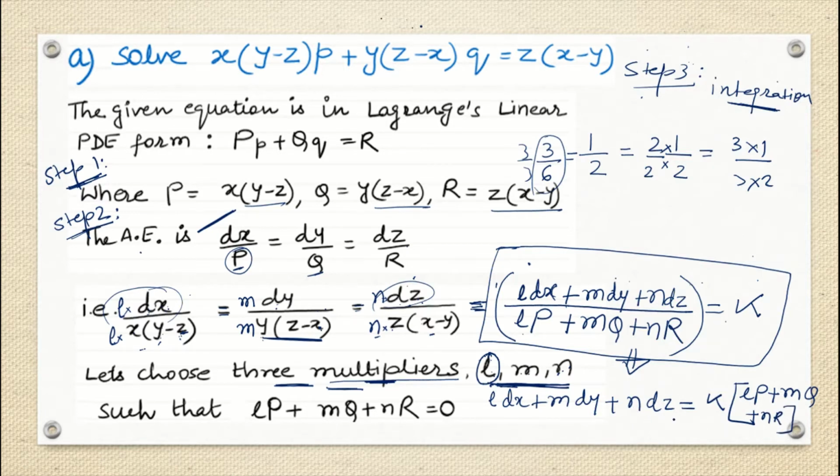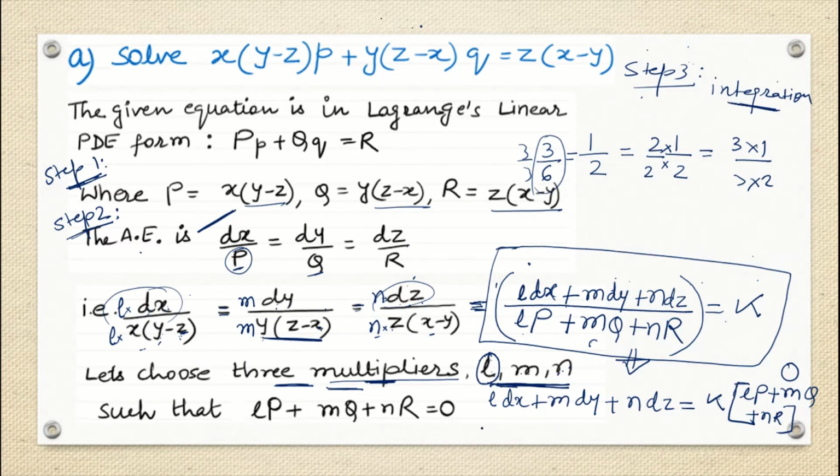Now suppose this combination lP plus mQ plus nR, I write down in such a manner that this complete additional part will give 0. So if lP plus mQ plus nR is 0, then k into 0 will give 0 only.